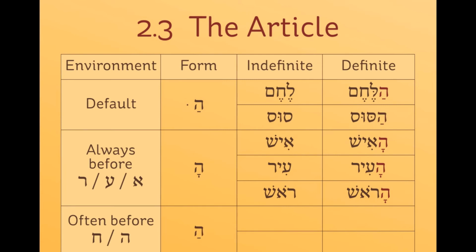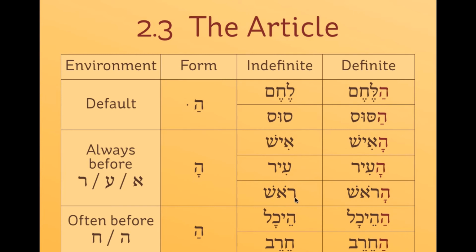But for two of these letters, it would reject the dagesh, but it wouldn't cause compensatory lengthening. This patach remains as a patach. Heichal means temple. Ha-heichal means the temple. Cherev means sword. Ha-cherev means the sword.